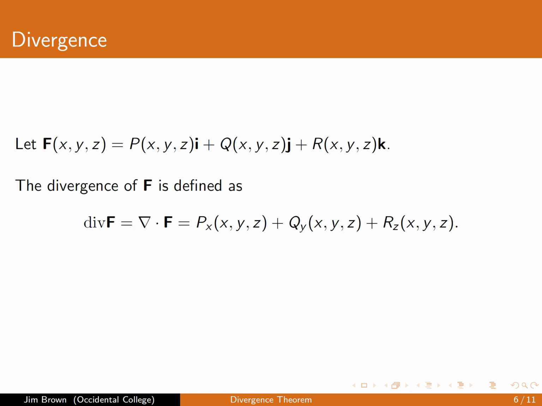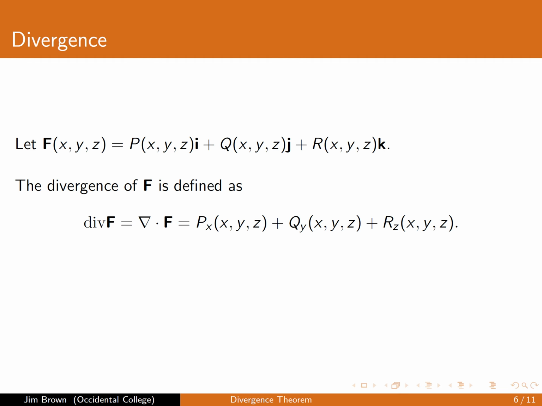If we think of the del operator as partial derivative with respect to x times i, partial with respect to y times j, partial with respect to z times k, and apply that through the dot product to our functions, we get the partial derivative of P with respect to x, plus the partial derivative of Q with respect to y, plus the partial derivative of R with respect to z. So this is pretty easy to calculate. We're just taking 3 partial derivatives and adding them together.